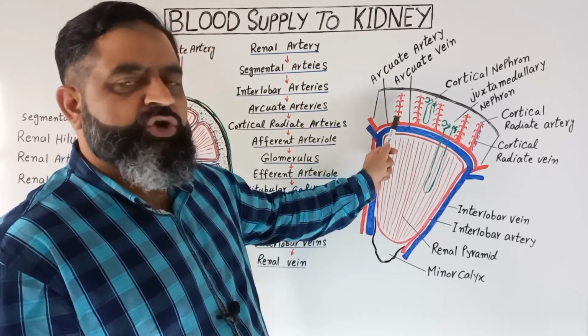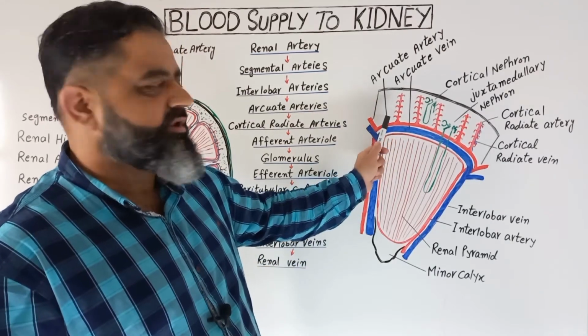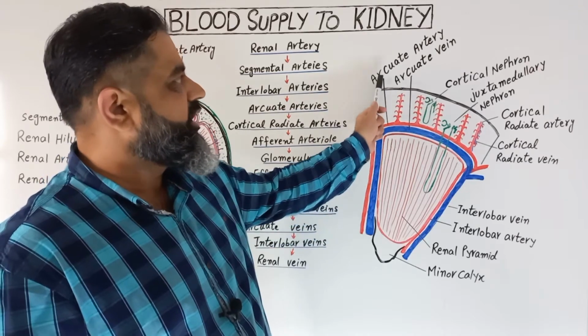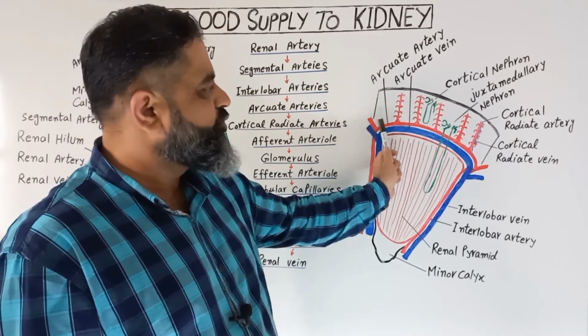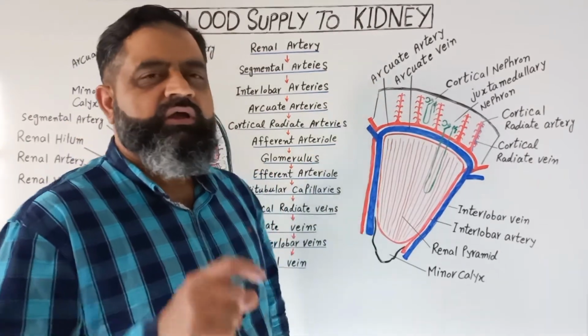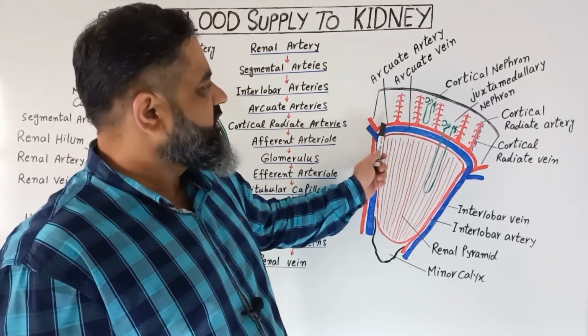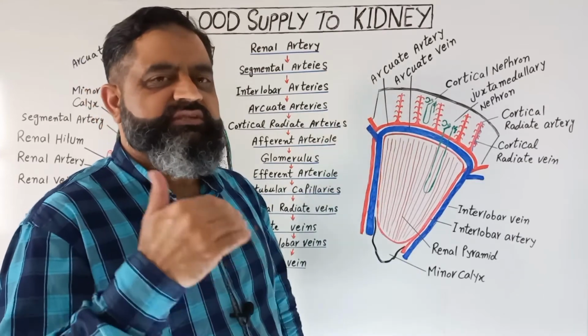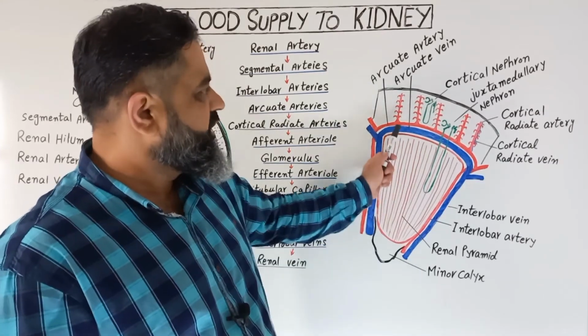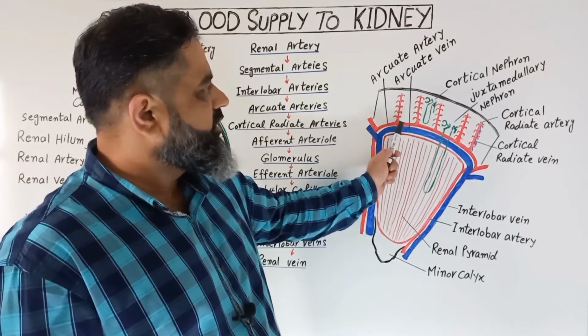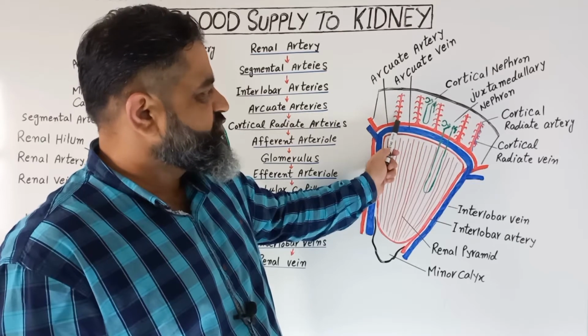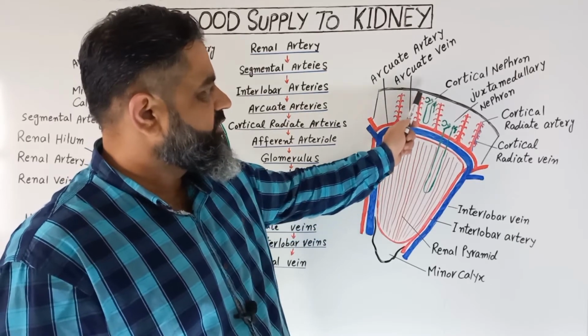When it reaches the cortical region, it divides into the arcuate artery, which surrounds the renal pyramid from the broader part. This arcuate artery divides and subdivides into the cortical radiate artery. As you can see right over here, this is the cortical radiate artery.